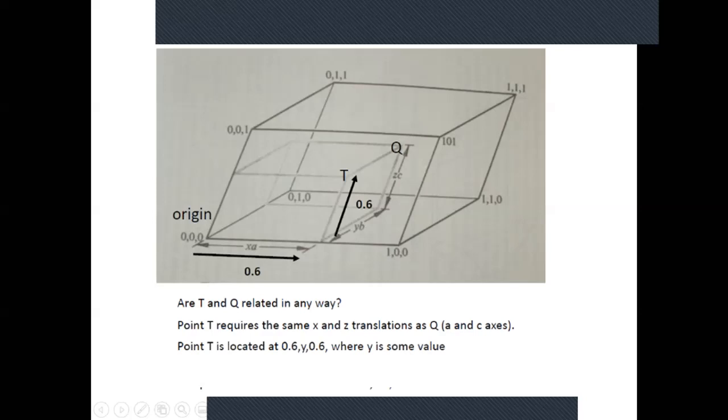So T would be at actually y equals 0, where Q would be at y equal 0.6. So if you know the two fractional coordinates, you can calculate the distance between them. And we'll look at that equation in just a second. So this is, as I said, the position of T is 0.6, 0, 0.6.